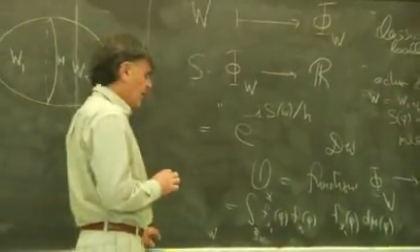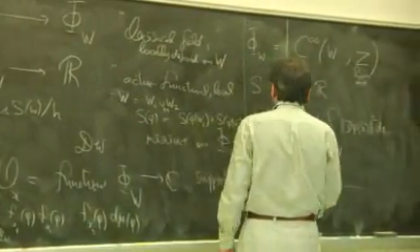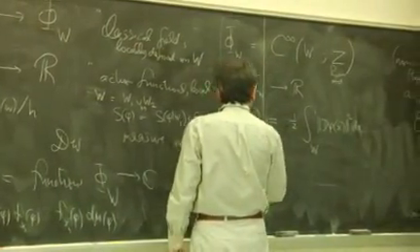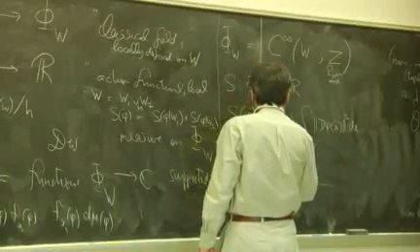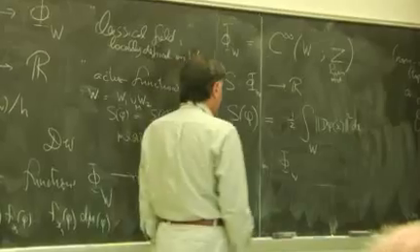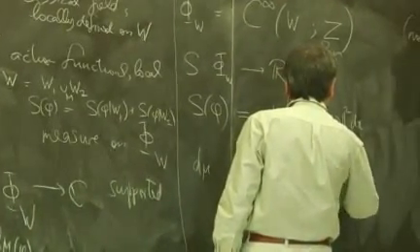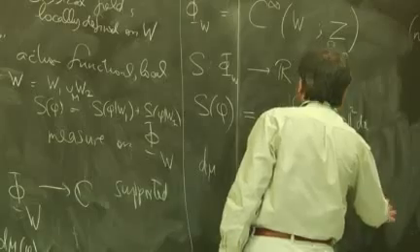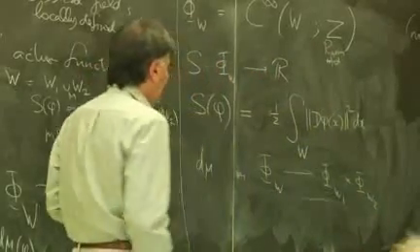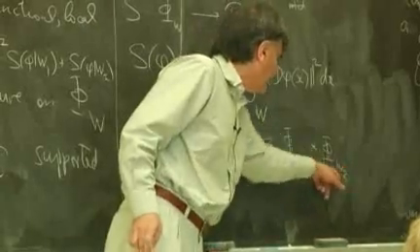Now that might make you think that the measure on phi W, well, phi W somehow maps to phi W1 plus phi W2 by restriction, because the fields are local. But the trouble is, I was thinking of this as a closed manifold, and these are manifolds with boundary.